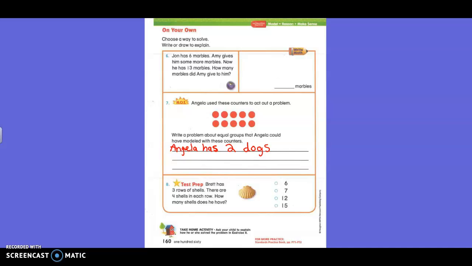Okay. Now what can her dogs have? What can each dog have? Xander? Dog toys. Okay. Angela has 2 dogs. Period. Her dogs have how many? How many dog toys do they have?